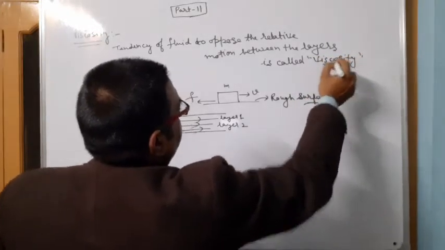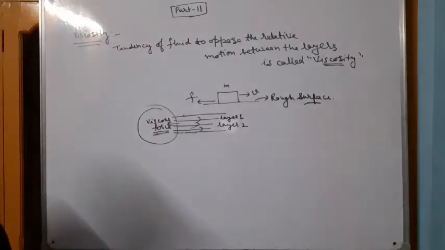That tendency or property which opposes the relative motion between the layers is called viscosity.